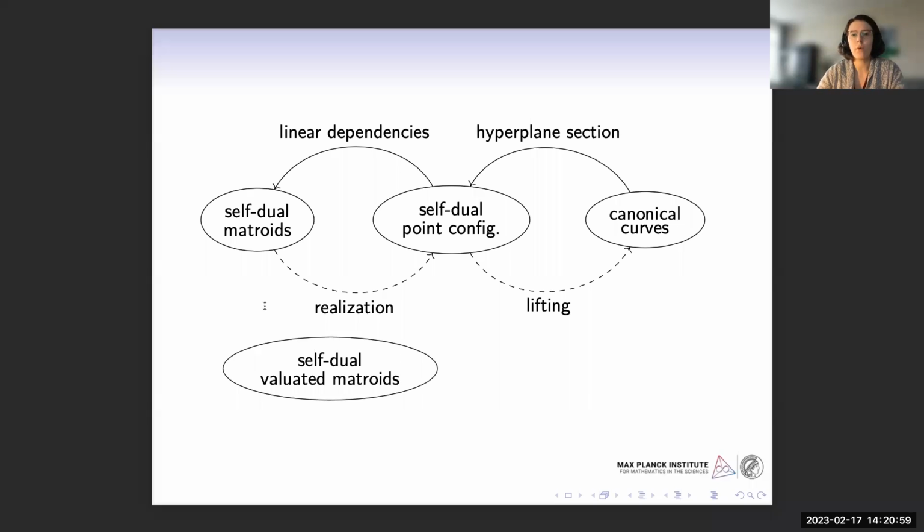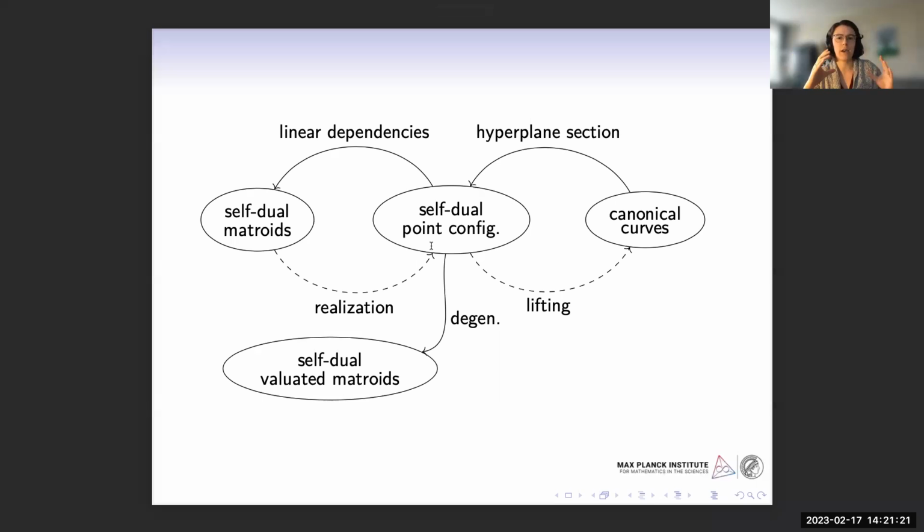There's also one more question turning up during the work on this project, and that was, what if I have my self-dual point configuration, which I said are distinct points, right? But what happens if I choose my hyperplane, for example, in a rather particular way, and I end up with a tangency point? So points are coming together. The point configuration is degenerating.